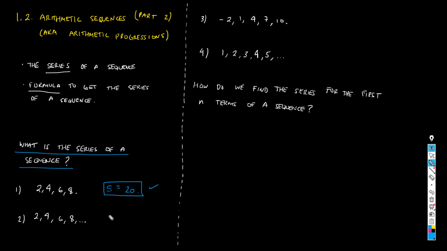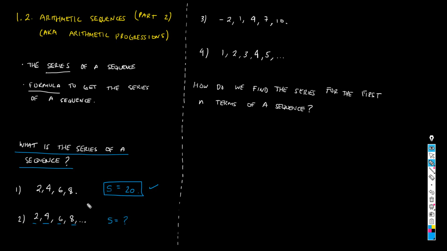It goes on forever. So in this case, you must acknowledge that it would not make any sense to ask for the series of the sequence, right? If somebody asked me, what is the series for this particular sequence? I'm going to be like, well, I don't know, because it's endless. In order to perform this series, I would have to add 2 plus 4 plus 6 plus 8 plus 10 plus 12 plus up until infinity, and I would never finish.